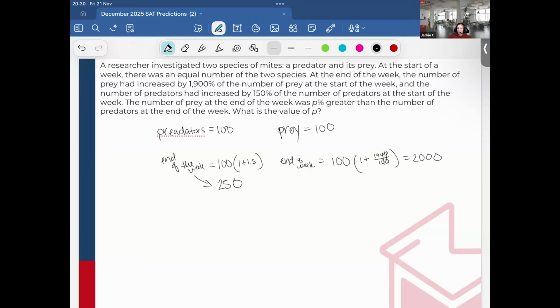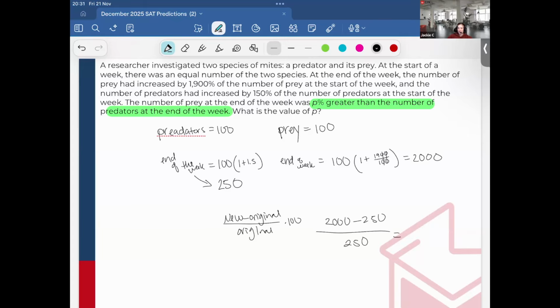Okay, so now we have those values, and whenever you're asked on the SAT how much percent greater than the number of predators at the end of the week, you can use the percent change formula, which is new minus original divided by original times 100. That would be 2000 minus 250 over 250.